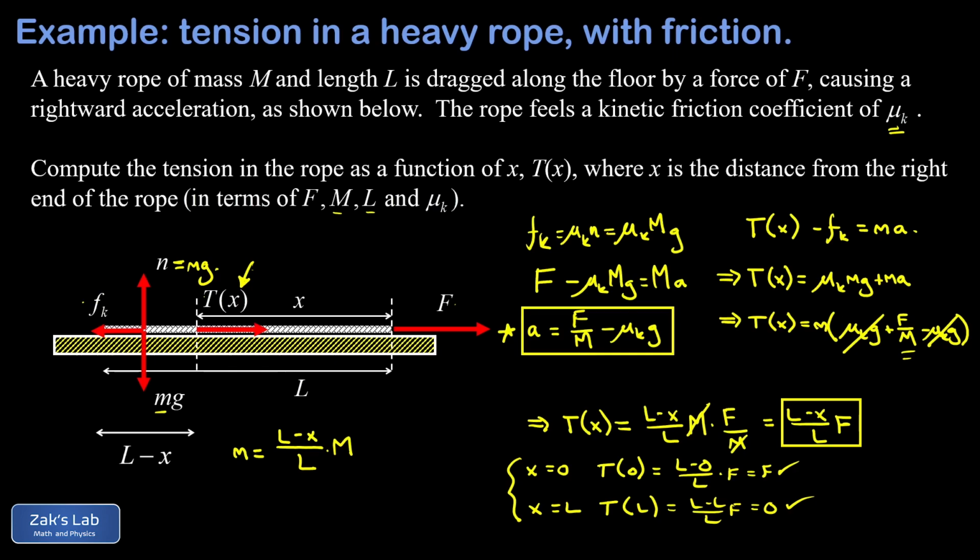Then I can say, well, the tension should decrease linearly from big F to 0 as x goes from 0 to L. And I'm totally convinced of that, whether or not there's kinetic friction, and no matter how strong the kinetic friction coefficient is, I should have a linear decrease from F to 0. Well, the only way to get that done is with this same formula, L minus x over L times F. So now it's starting to seem really clear in hindsight that we should have seen this coming, that we would have a friction-independent result in this problem.